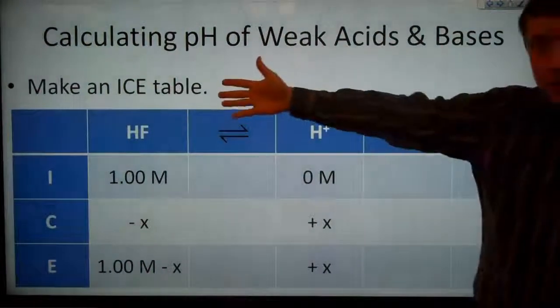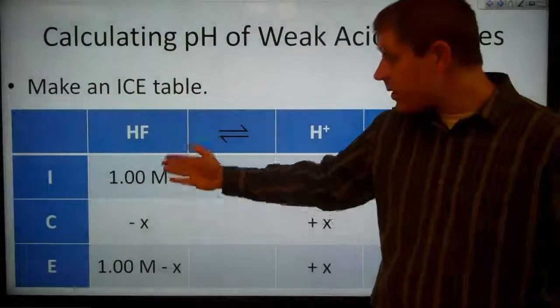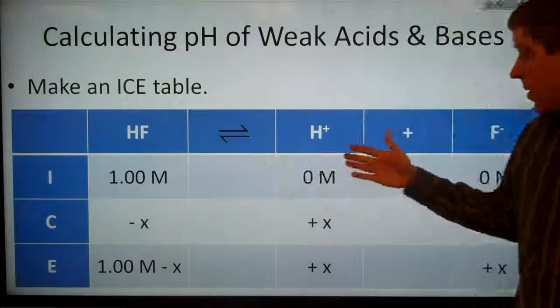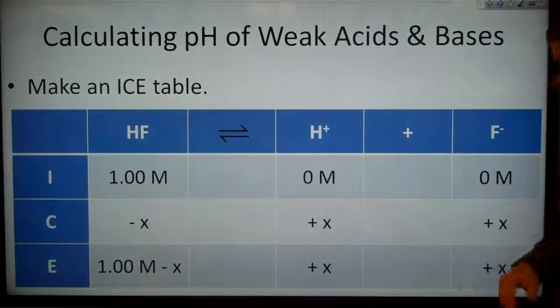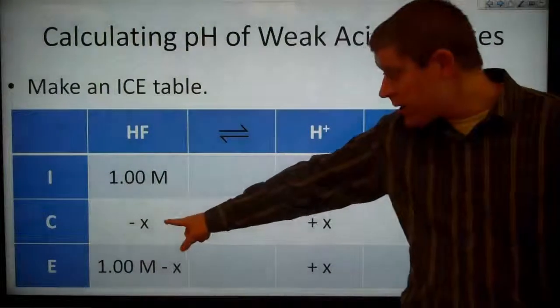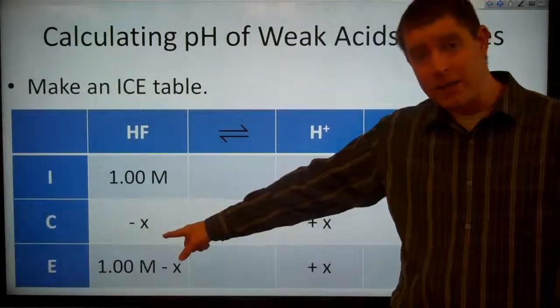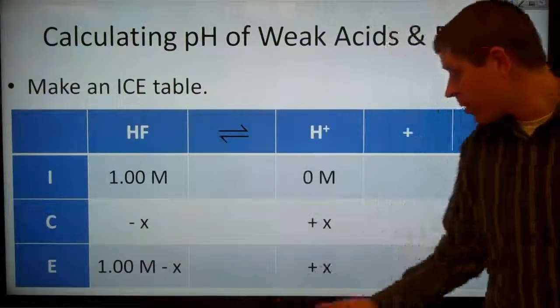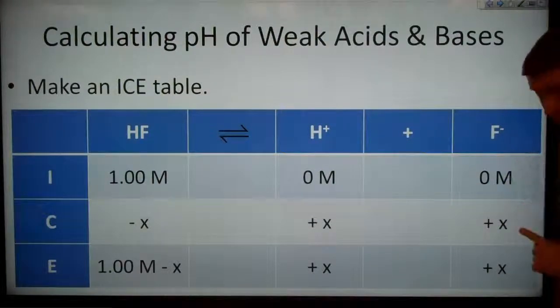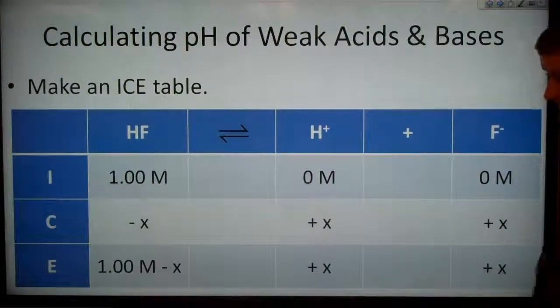So now we want to make an ICE table. We know the initial concentration of HF is 1.0 molar. We know the initial concentration of hydrogen ion is 0, and the initial concentration of fluoride ion is 0. If we dissociate X amount of our HF, we're going to form X amount of H plus and X amount of F minus.